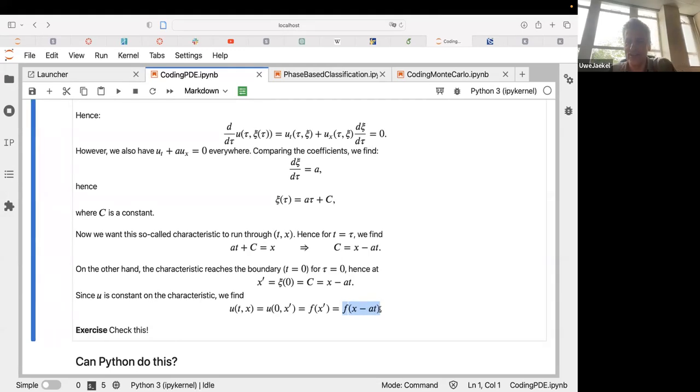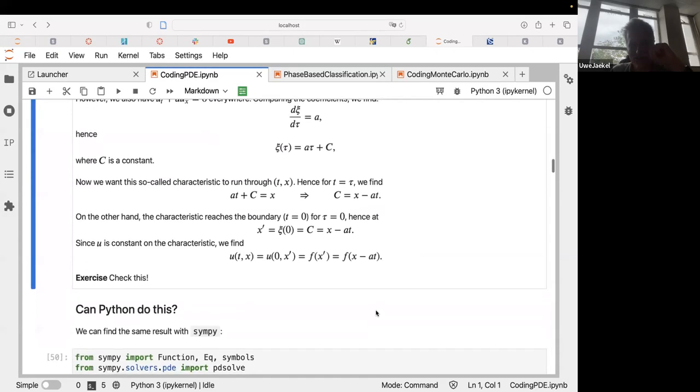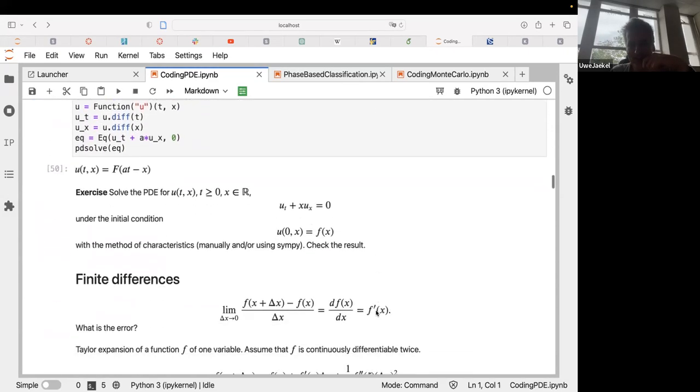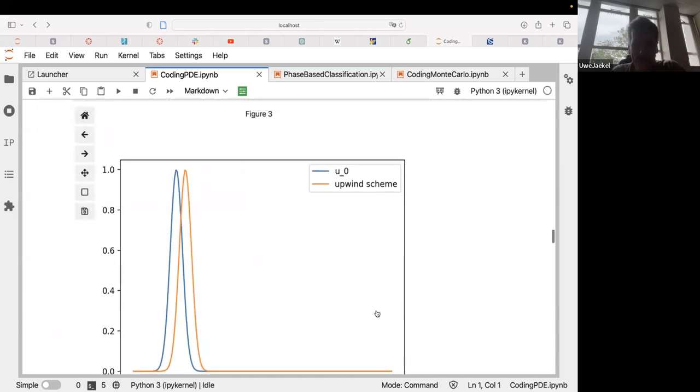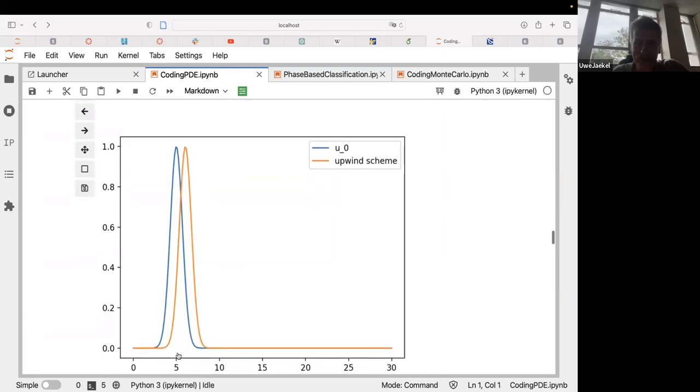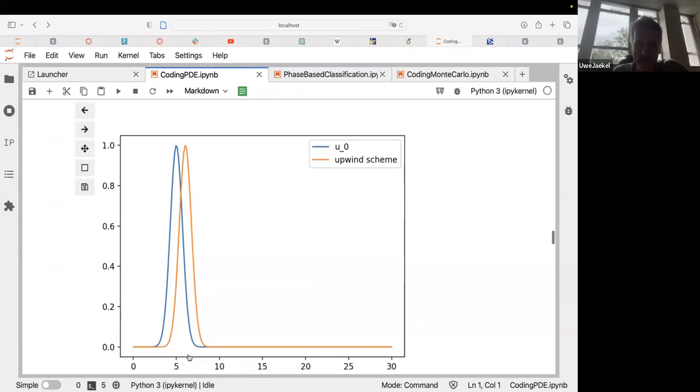So we have it shifted by, remember, a was set to 1 and capital T is set to 1. So this is f of x minus 1. This means that the solution should be the original function, but moved by 1 to the left.